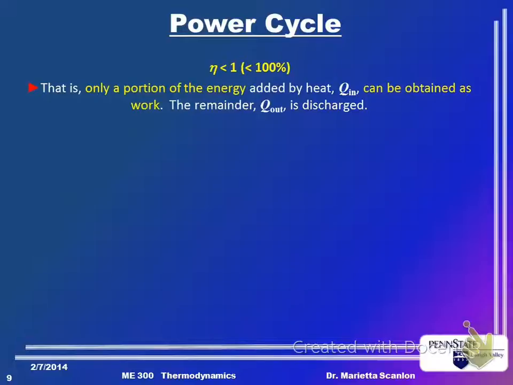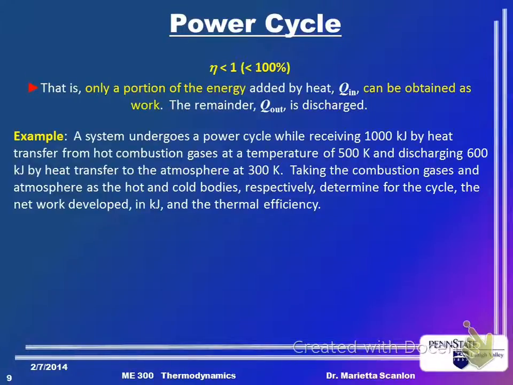What that means is only a portion of the energy added by heat can be obtained as work. You're never going to get all of your heat to be removed as work. The remainder Q out is discharged to the surroundings. So go ahead and solve this. You do have to read it, but then solve it.